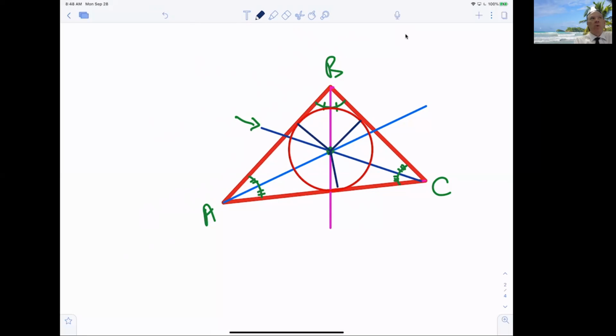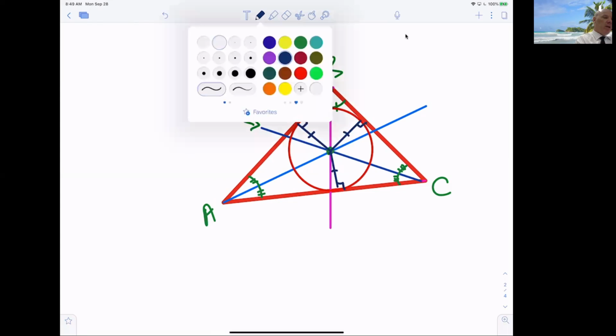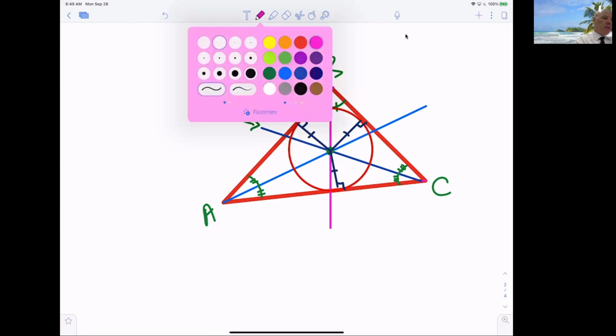Inscribed is how they got the word incenter. Come on now. This is the radius of the circle. It's equidistant from the sides. Notice that this is what's perpendicular. That the angle bisector, come on now, I need you to pay attention. Is the angle bisector perpendicular to the side? In other words, that wasn't very good. This pink line right here, let me go back to this pink line.